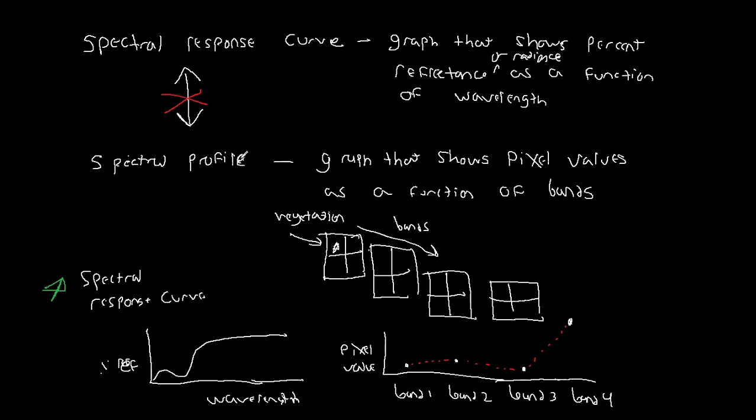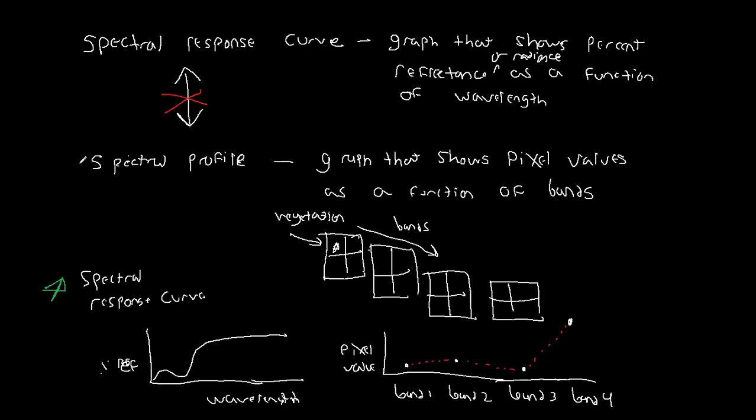I know that was a little bit long-winded, but hopefully that makes sense. And we're going to look at a lot of examples. In this course, 90% of the things that we're dealing with in remote sensing are actually spectral profiles. We're going to go through a lot of examples, talking about what they show, how we can use what they show, and how we can interpret them in connection to imagery.